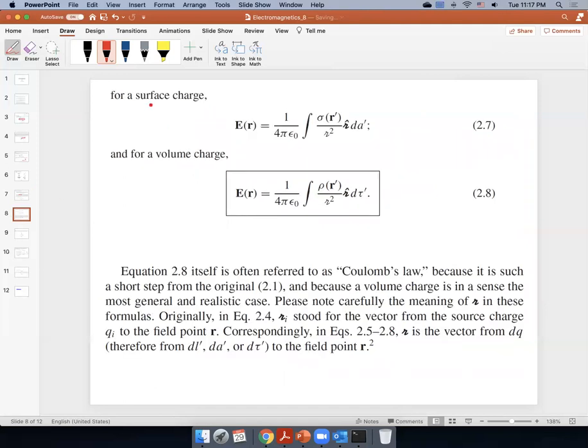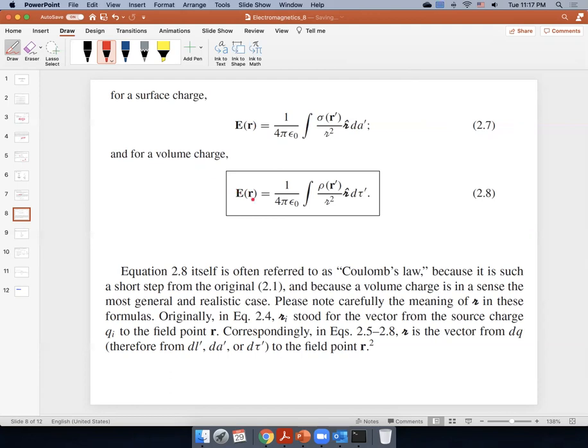If it's a surface charge, the difference is that it becomes a surface integral, and here it's sigma, the surface charge density, which is a function of r prime. The direction is still r hat, which is the connection between your infinitesimal surface patch and your test charge position, times dA prime, the infinitesimal surface.